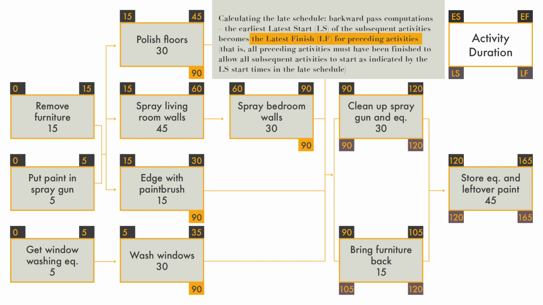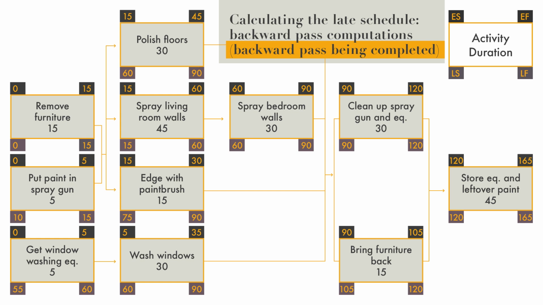And in this way, we have managed to calculate the early schedule and the late schedule, forward pass and backward pass calculation of the network. Okay, now we have the point of time where each activity can be completed.